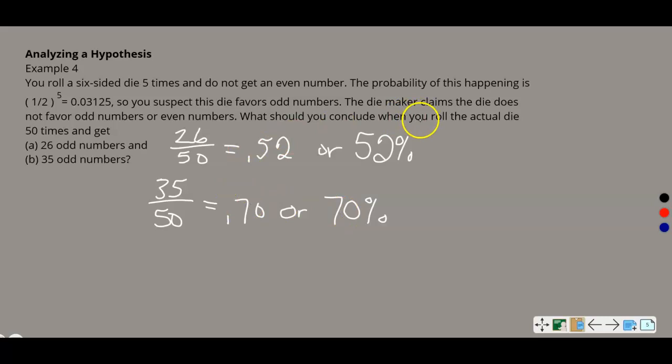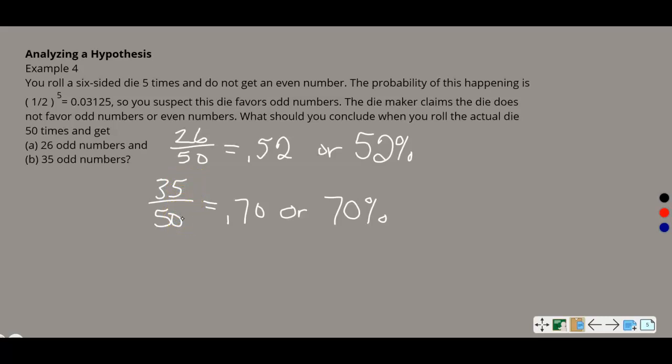So what could you do to change this hypothesis? Like, what could you do if you got 35 out of 50? This is highly unlikely. If it's a good, true die that's equally likely to land on any of the 6 sides, it's highly unlikely that you get 35 out of 50 that are odd.